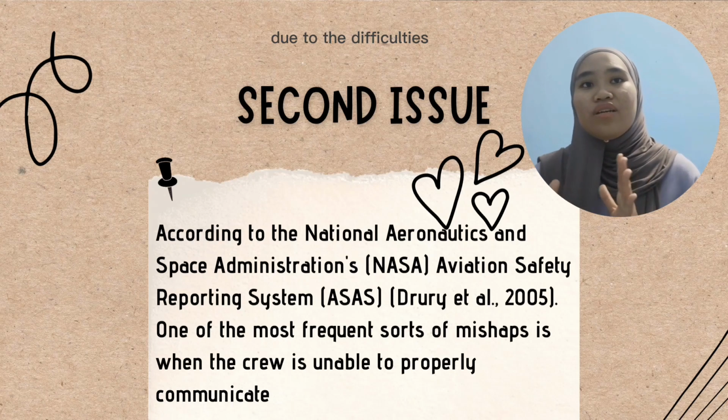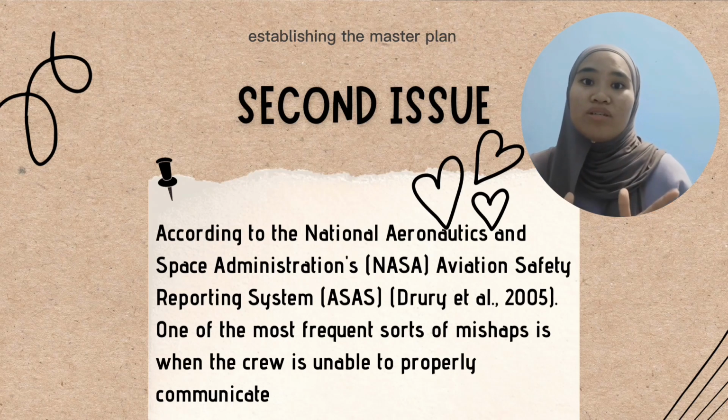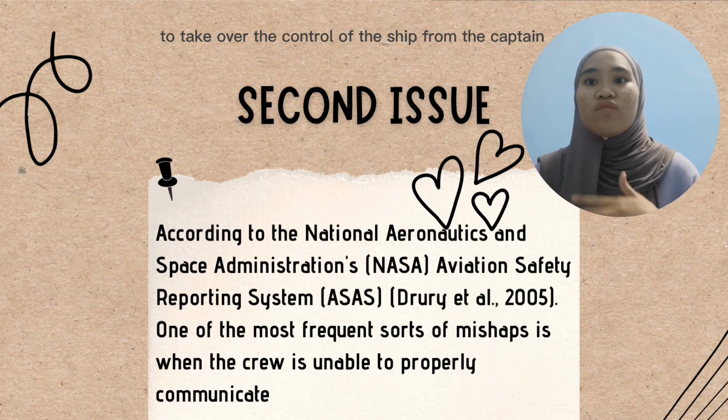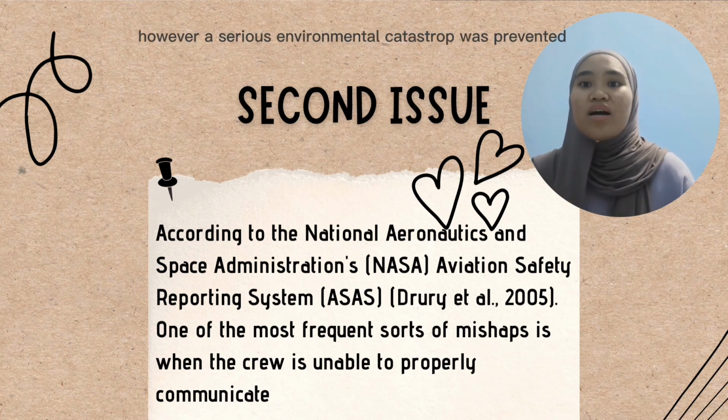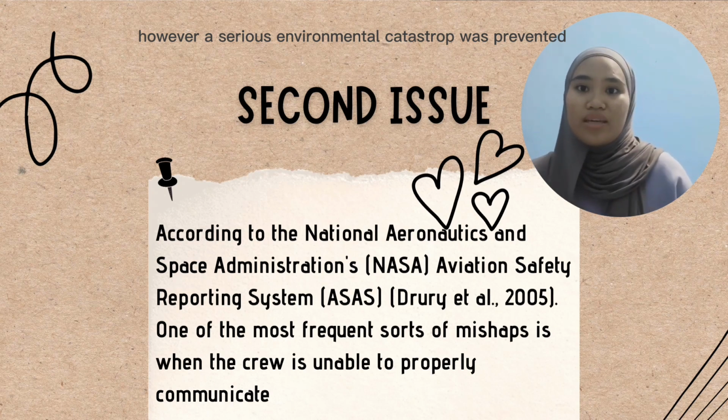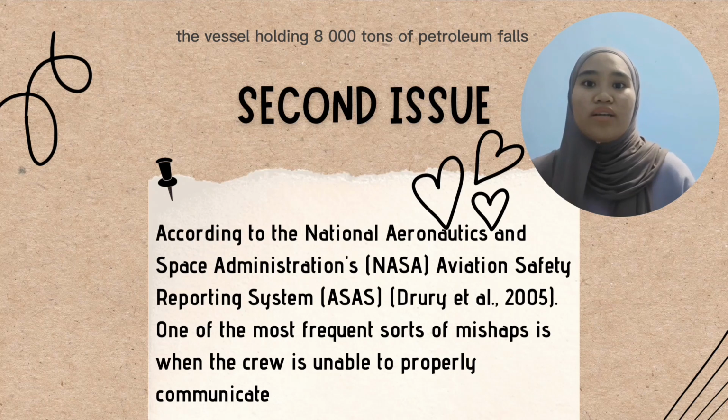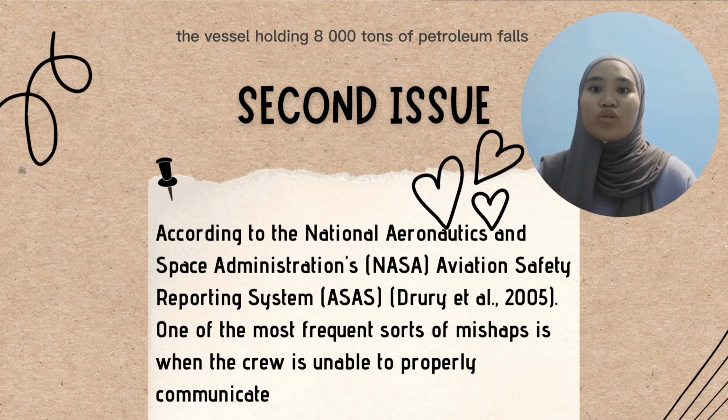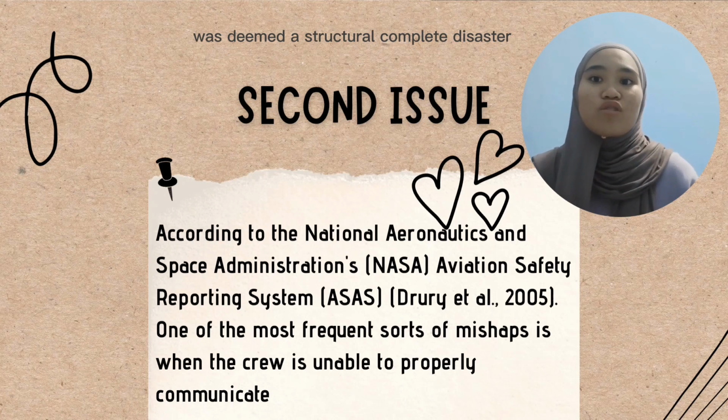Due to the difficulties establishing the master plan to take over the control of the ship from the captain, however, a serious environmental catastrophe was prevented. The vessel hauling 8,000 tons of petroleum fuels was deemed a structural complete disaster.